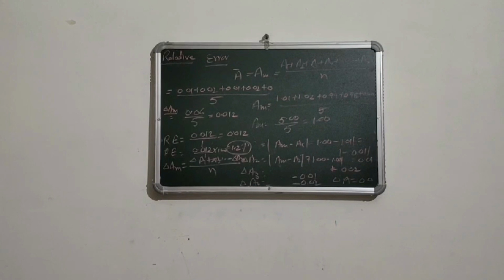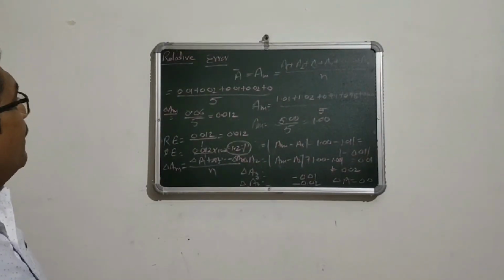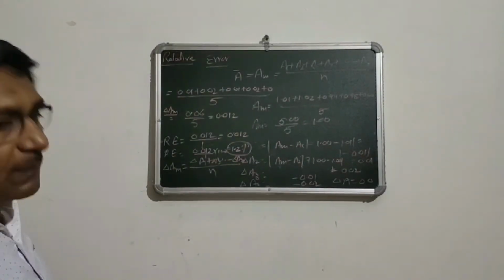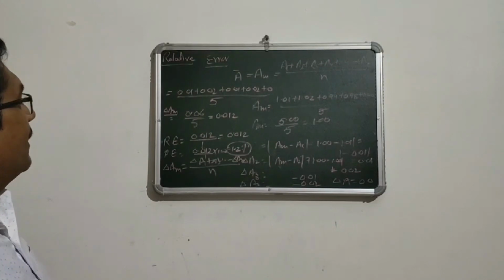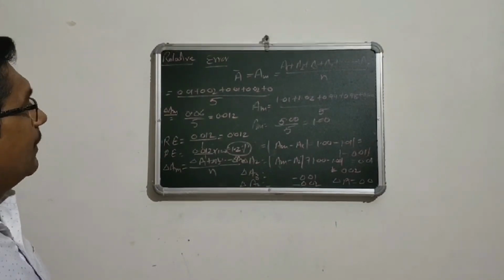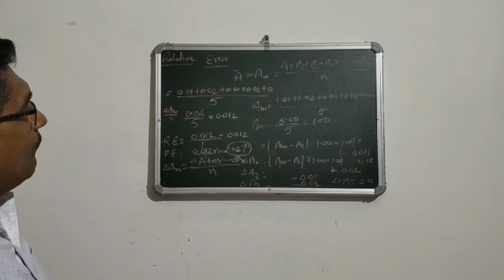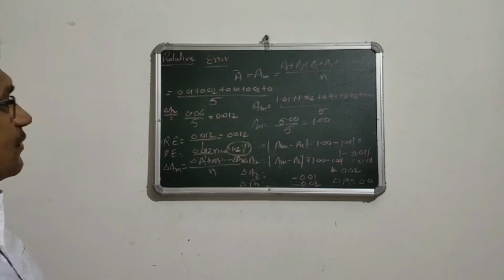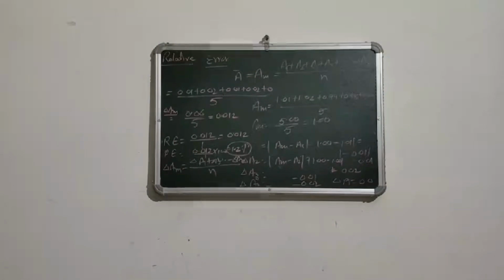So for today's class, the main topics of errors are absolute error, absolute mean error, relative error, and percentage error. And in the next class, we will discuss combination of errors.